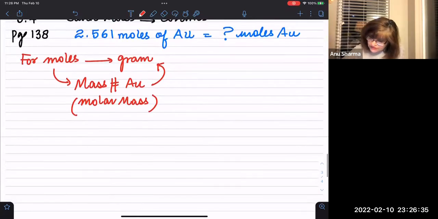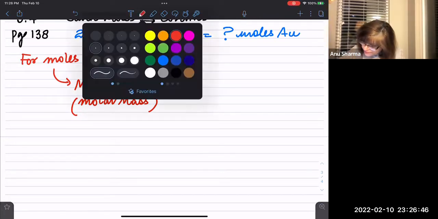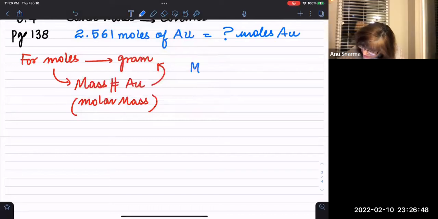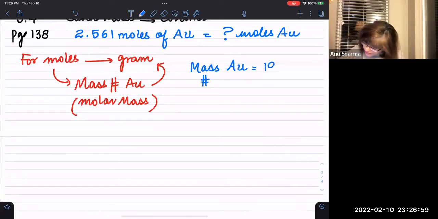So let's do this from the periodic table. Again, look for the mass of gold. So the mass of gold is 197.0. So the mass number of gold is equal to, and this is also called the molar mass of gold, so don't forget that, 197.0 grams.